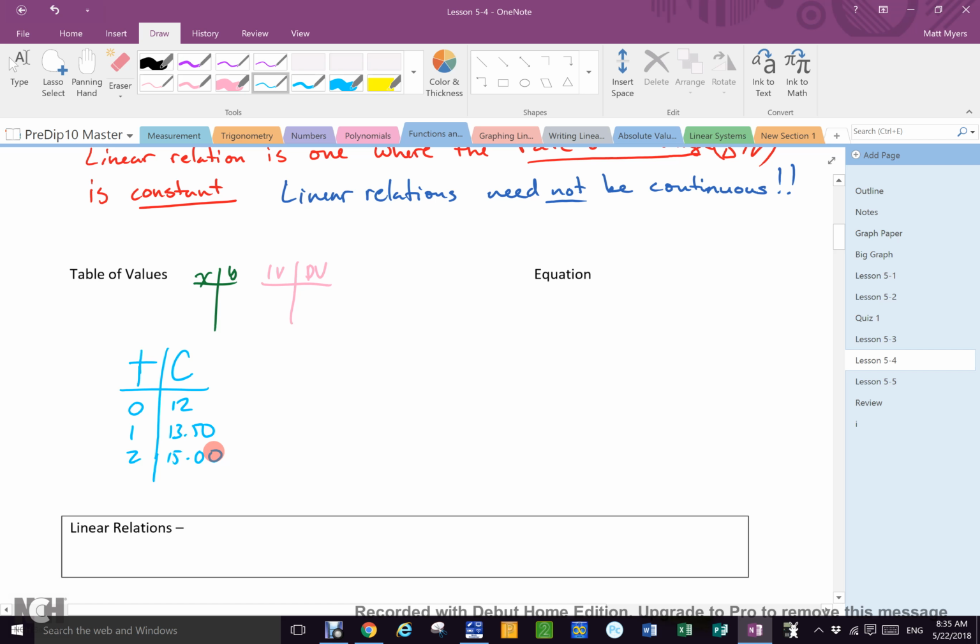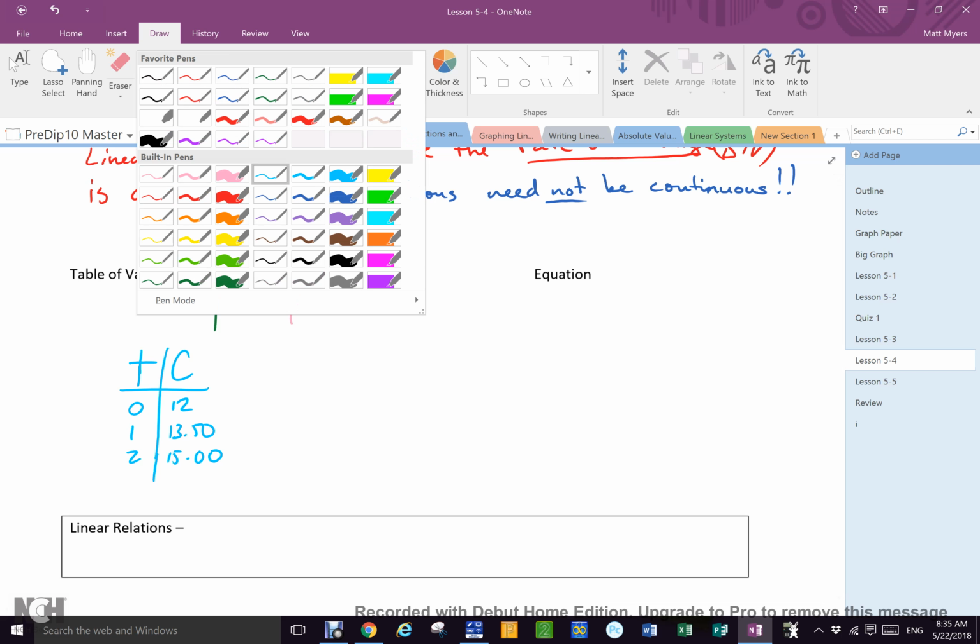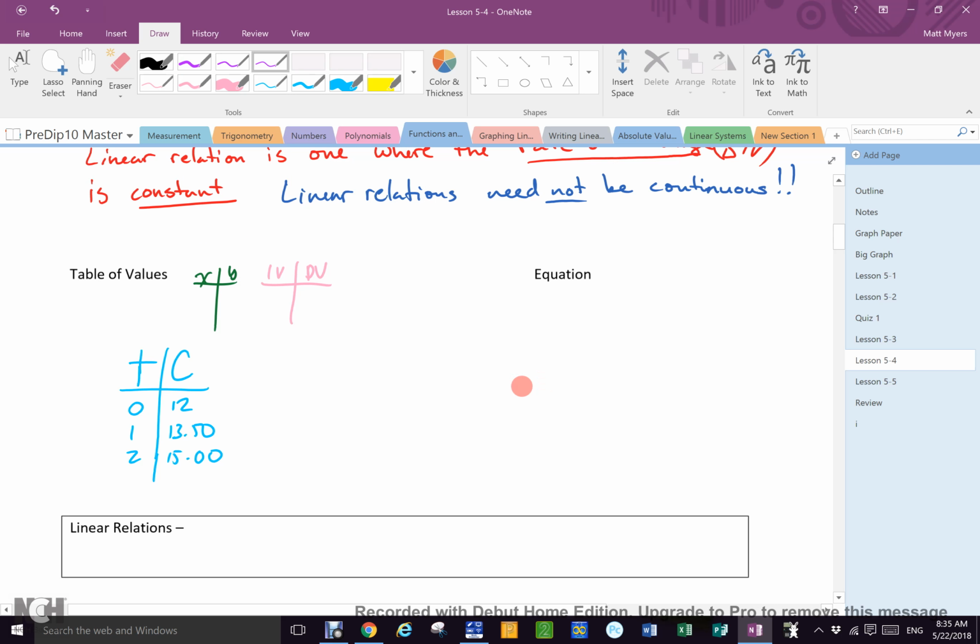And then hopefully in grade 9, you learned how to take one of these, or a graph, or words, and create an equation. Some of you will have an issue with this. So we're going to talk about it right now. What is happening here? I'm adding 1.50.